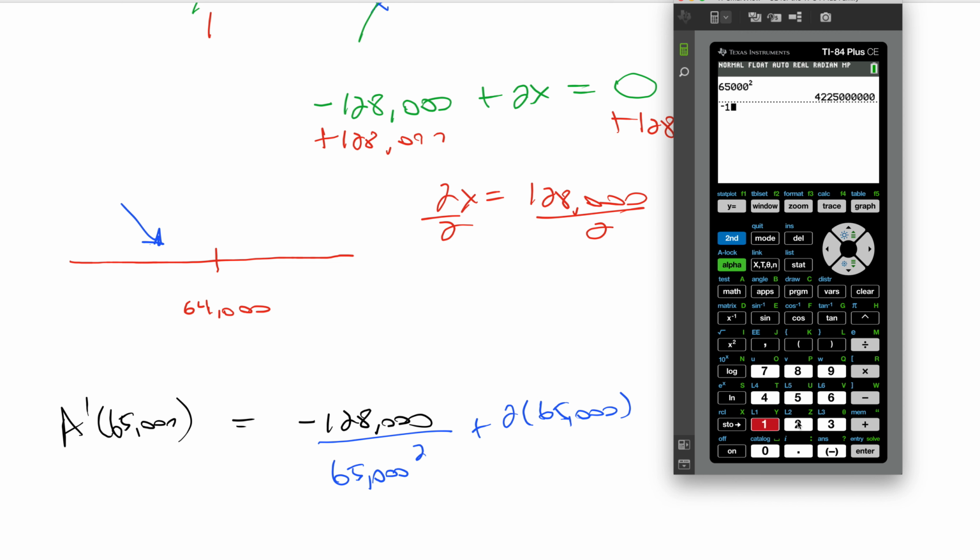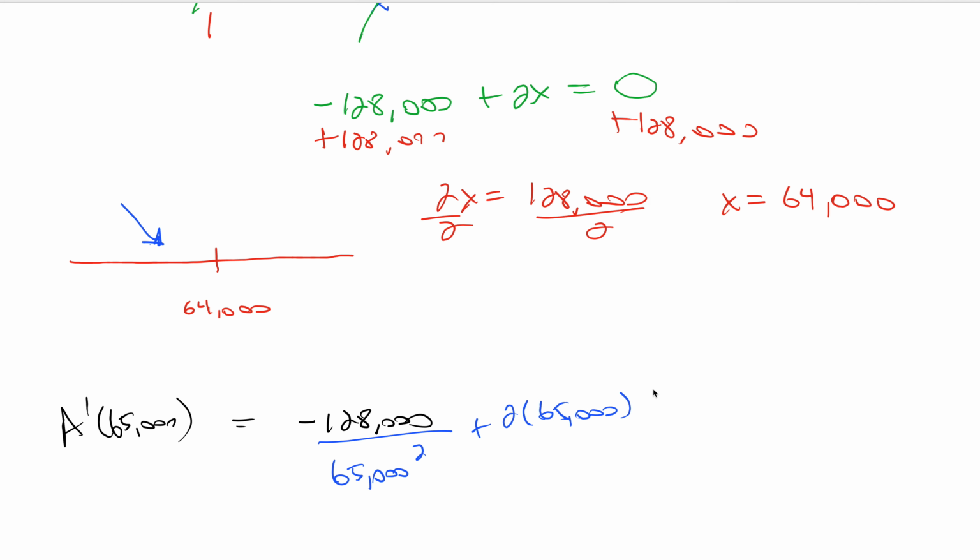So I'm going to go negative 128,000 divided by that last answer, plus 2 times 65,000, which is positive 130,000. So this is positive, bam. So negative, positive. We know we have a minimum.